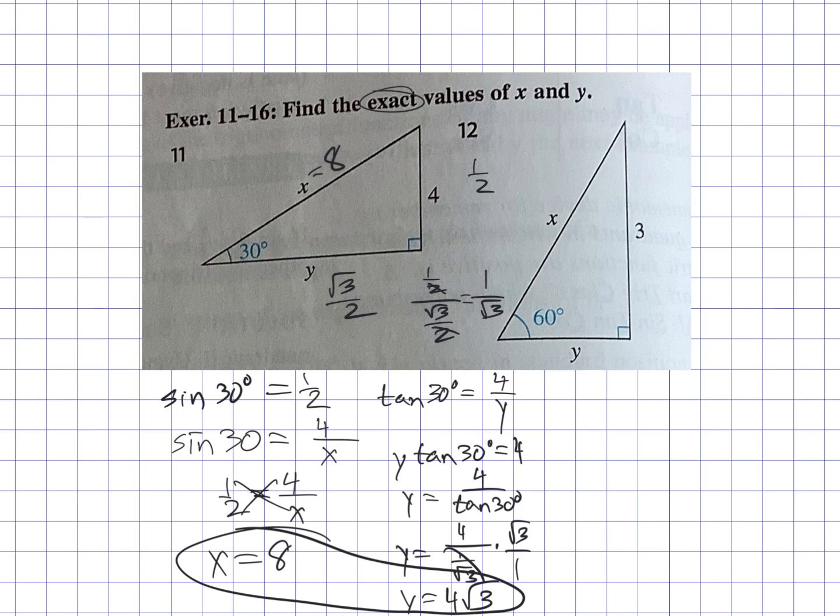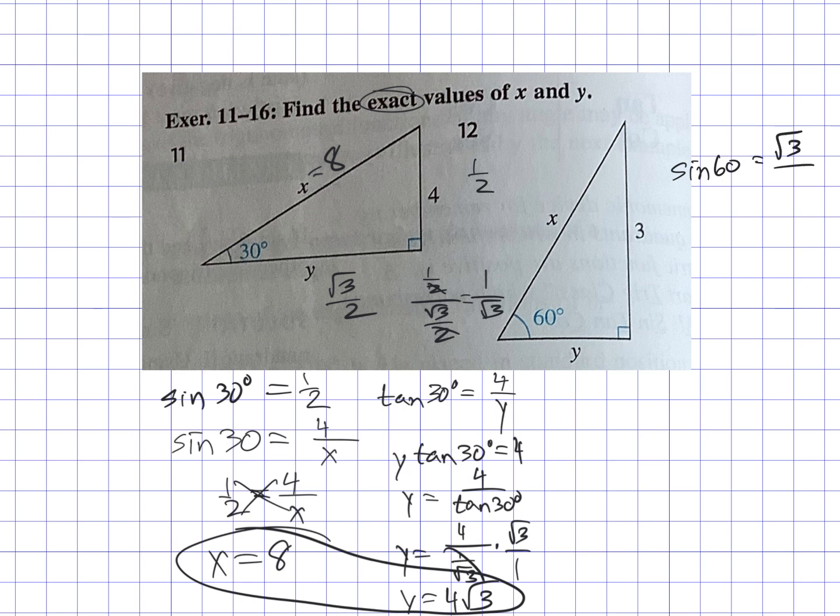Okay, number 12, same type of thing. So let's just do the sine again. It doesn't matter which one we do here to get x. The sine of 60 degrees on the unit circle is still the opposite leg, which is going to be the long leg in this case. And that would be square root of 3 over 2.